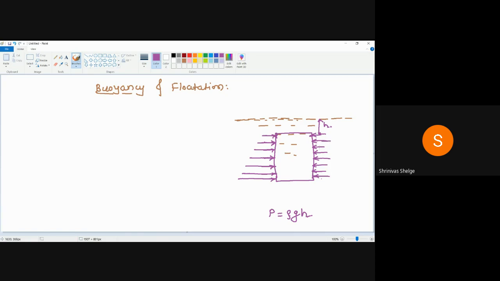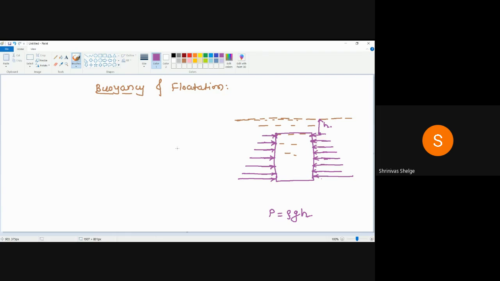But remember, at this point and this point the pressure forces will be the same because h is the same at these two points. So the pressure forces acting in the horizontal direction on this object will be balanced, correct? This force is balanced by this force in the horizontal direction.